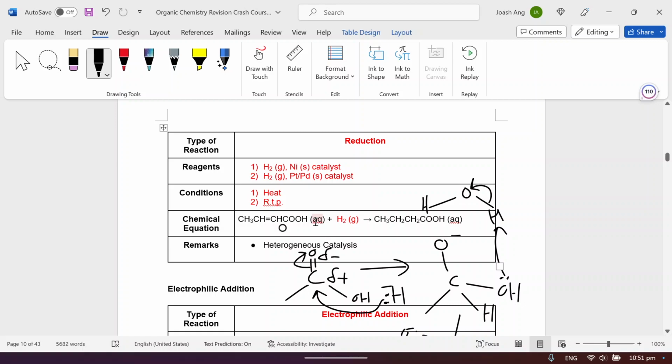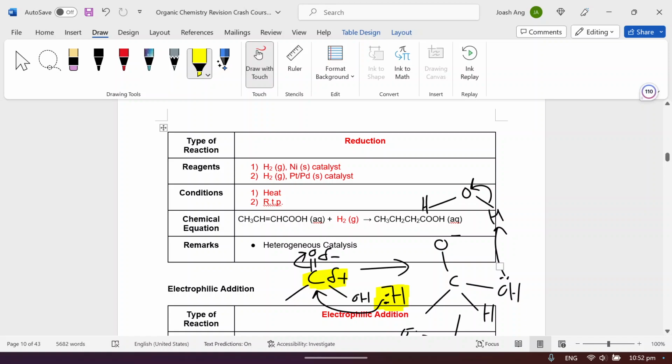So in this case, you have to explain that the carbonyl carbon is partially positive and is very electrophilic because of the very polar C=O double bond, so it will be able to attract the negatively charged hydride ion.